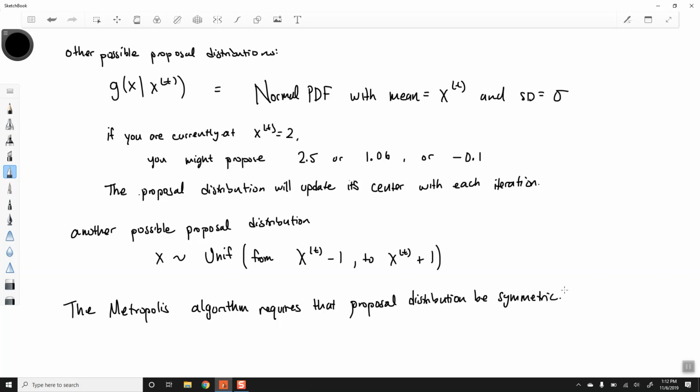What that means is that the probability of proposing one value given some other value is equal to the probability of proposing it the other way around.